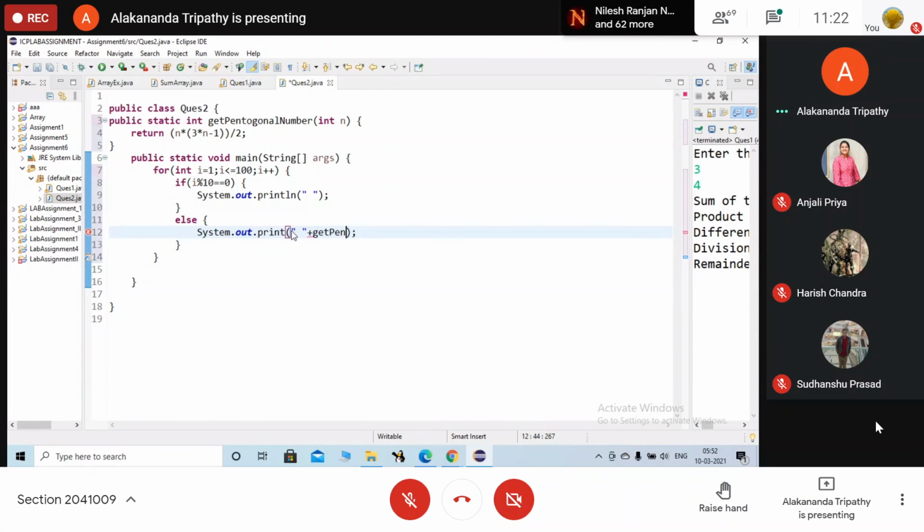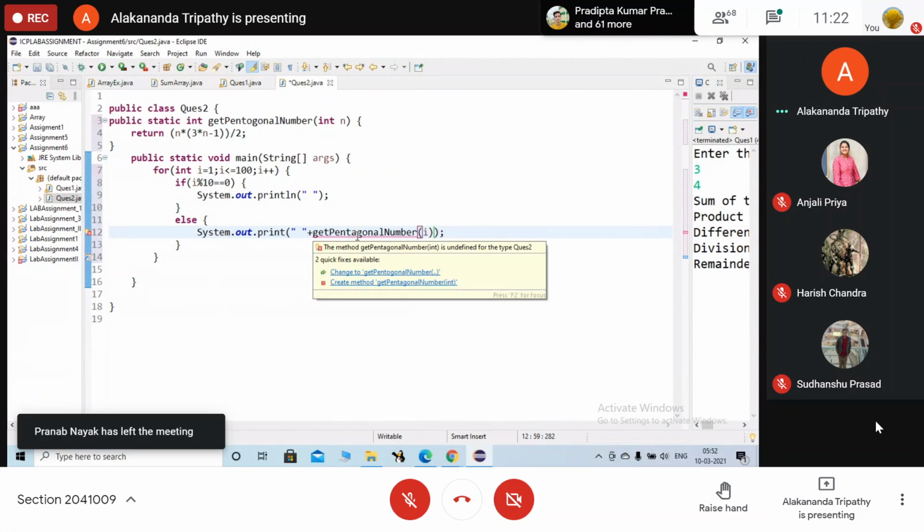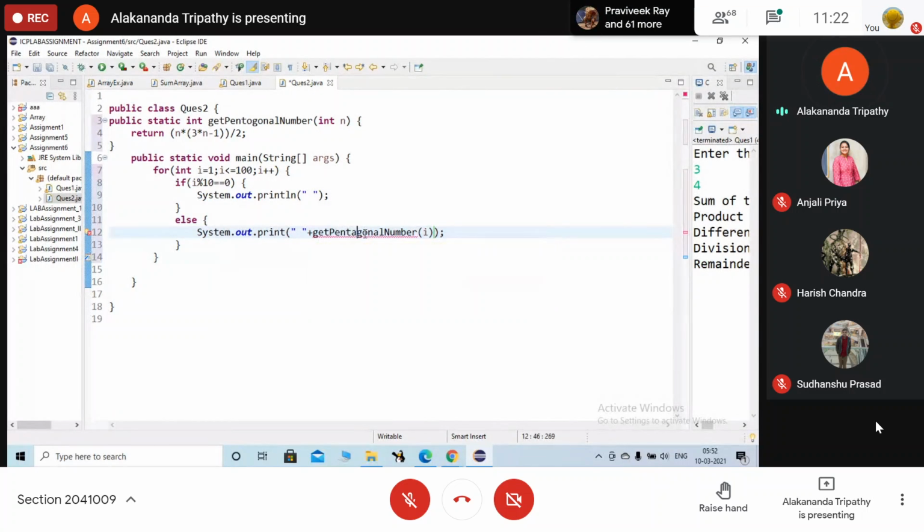Get pentagonal number. And here you are going to put the value of i. Is the method name the same here? Change get pentagonal number. Okay, run the code.